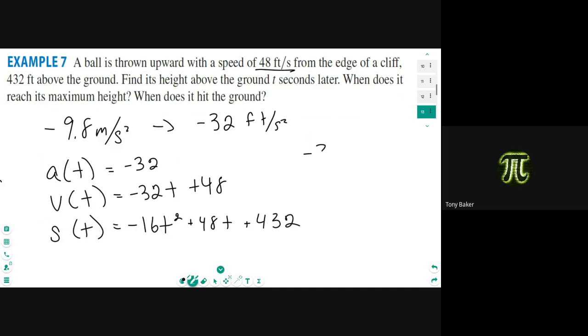We have this. So t equals 48 over 32, which is 6 over 4, 3 over 2, or 1.5. So at 1.5 seconds, it reaches its maximum height.